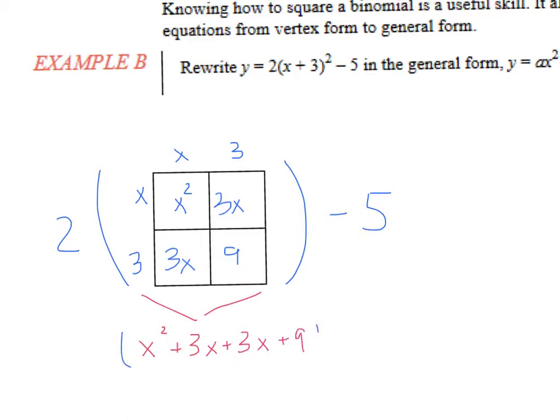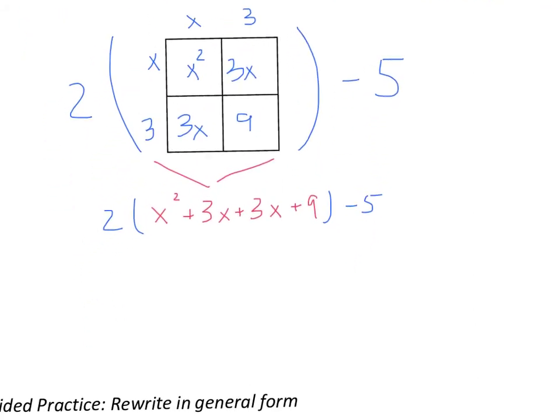And that is still in parentheses being multiplied by 2 and then subtracting 5 at the end. Now before we distribute that 2, we want to combine like terms, and when we do so we get x squared plus 6x plus 9.